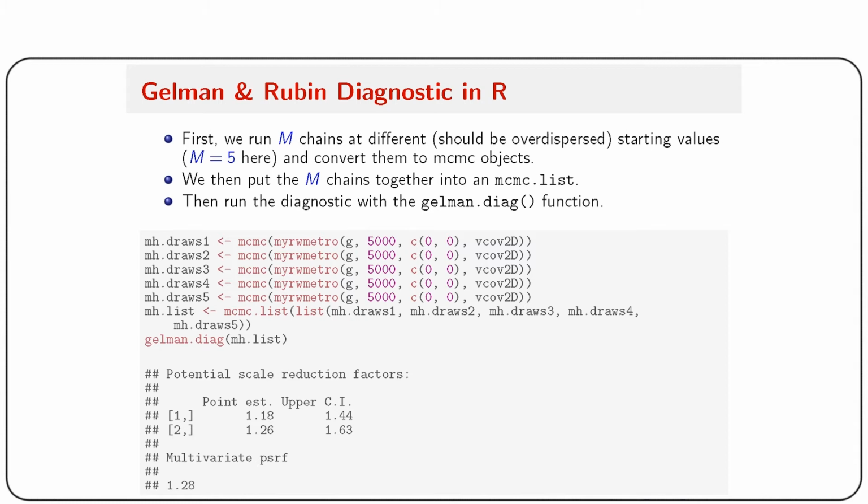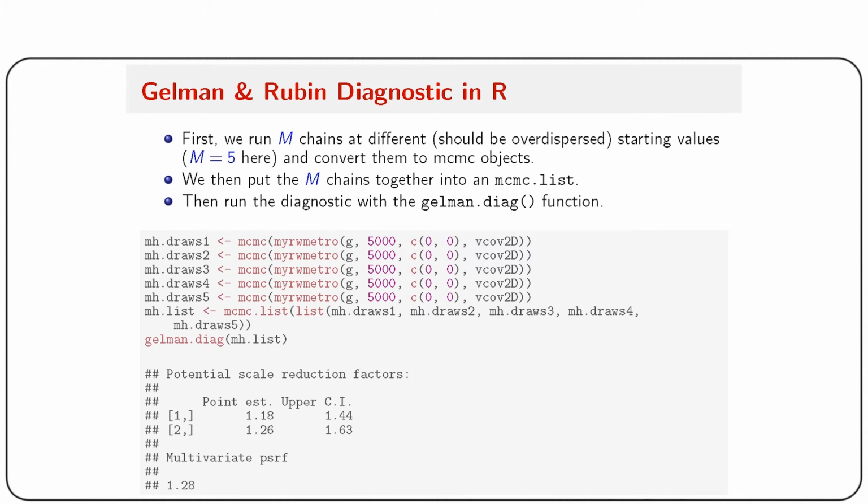First I'm drawing 5 different chains, mh.draws1 using the same function, the bivariate random walk Metropolis sampler that I developed, with the 5,000-size samples that I drew here: mh.draws1, 2, 3, 4 and 5. Then I put them all into an mcmc.list, a list of mh.draws1, 2, 3, 4, 5, and that list has to be passed through the gelman.diag function.